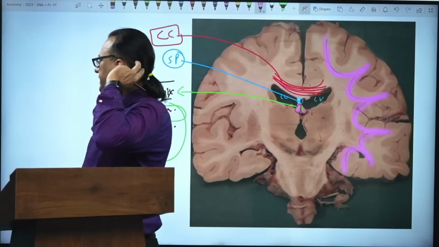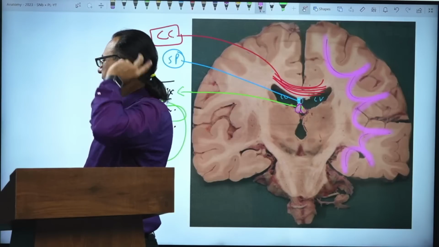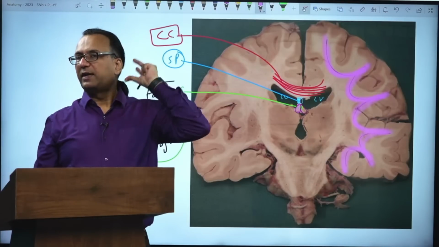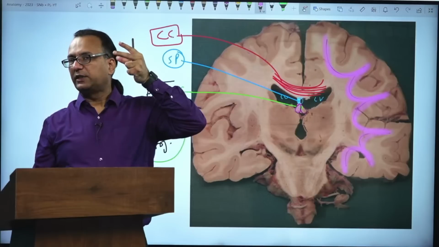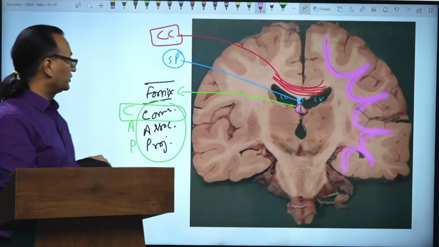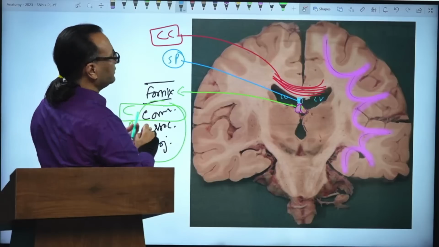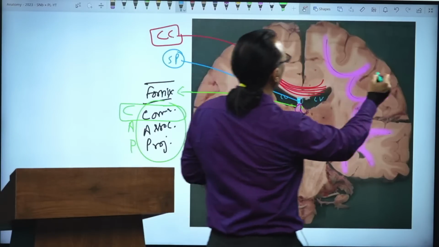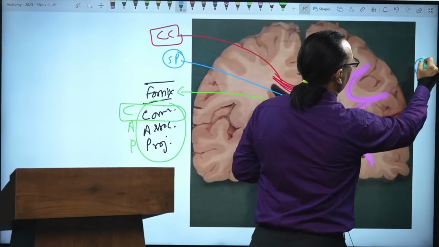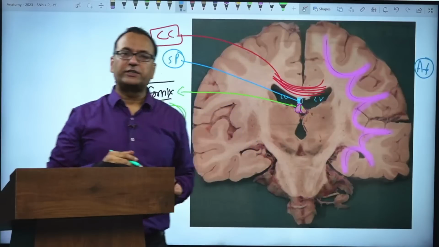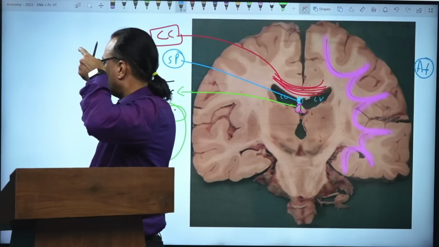You are connecting them on the left brain, and it doesn't cross the midline. So the arcuate fascicle is an association fiber, connecting Wernicke's with Broca's.